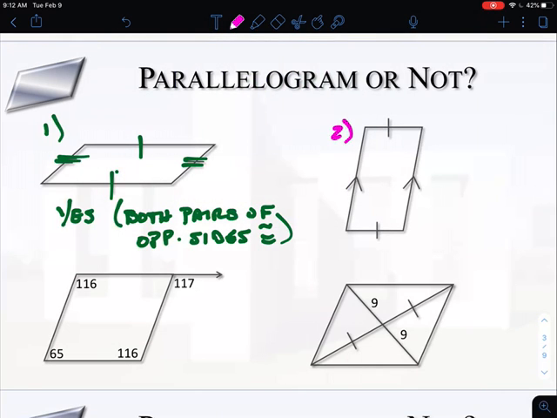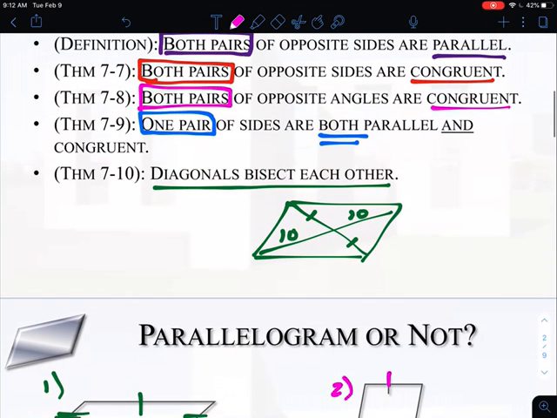In the second example, let's call this one number 2. So I see the top is congruent to the bottom. I see that the left is parallel to the right. Now, both sets of sides are not congruent, just the top and bottom. Both sets of sides are not parallel, just the left and the right. So those two things alone won't tell us enough.